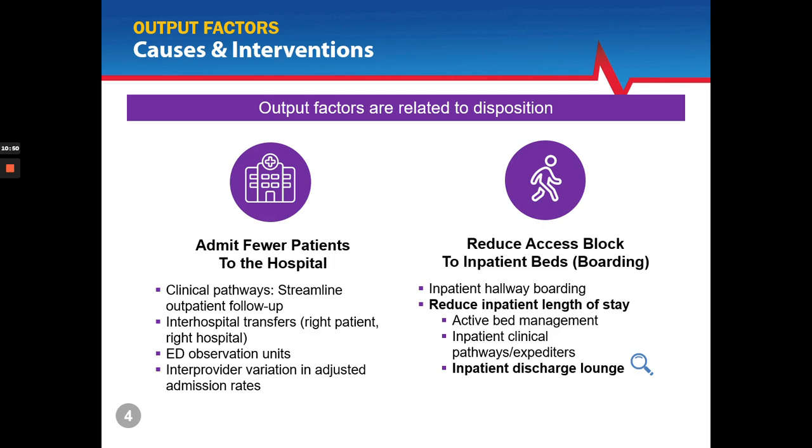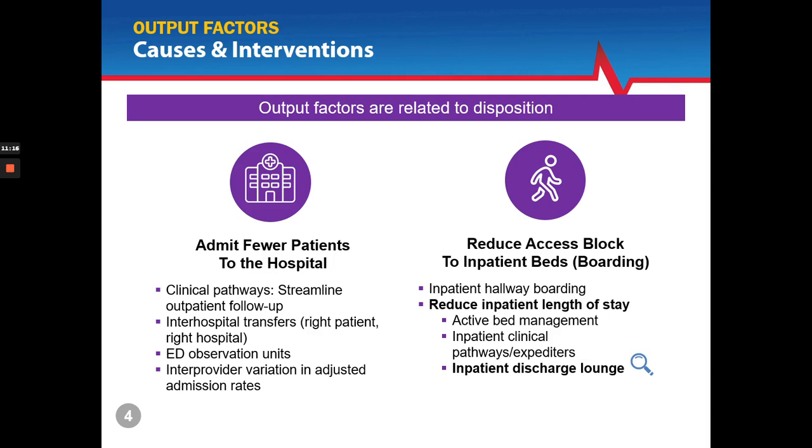In a multi-hospital system, you can make sure the right patients are admitted to the right hospital, so the Quaternary Academic Center doesn't use its limited inpatient beds on patients who could be served just as well in community facilities. You can implement ED observation units, and then finally you can try to compare admission rates apples to apples among providers and identify and address whatever is driving variation in those admit rates.